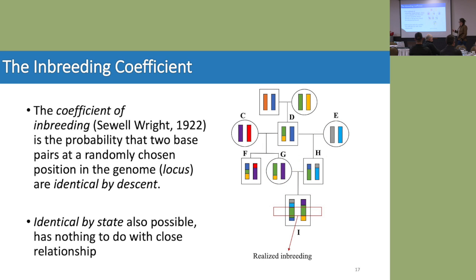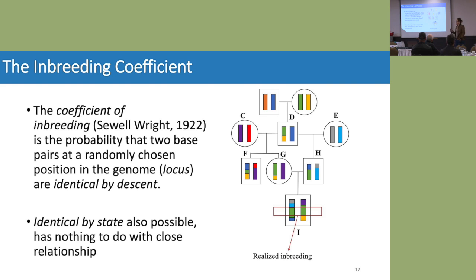Bear with me. What exactly is inbreeding? Does anybody know? You could say it's the mating of related individuals, right? That's the simplest term. But actually, there's a guy, Sewall Wright, in 1922, believe it or not, he already was thinking about genes and DNA and all this stuff.